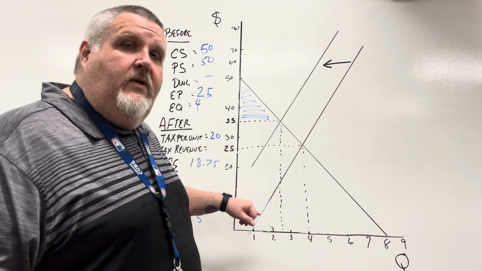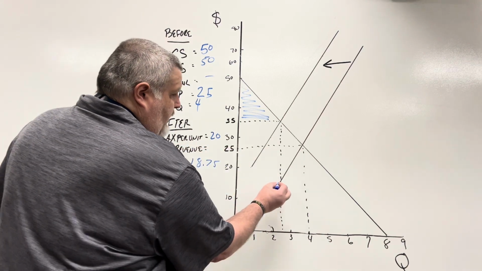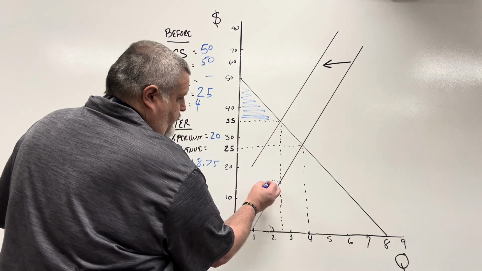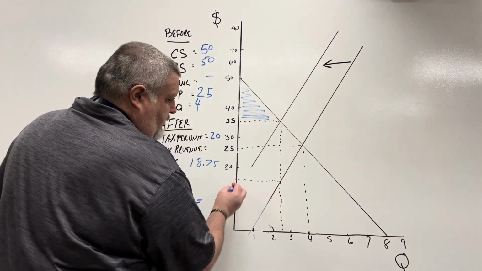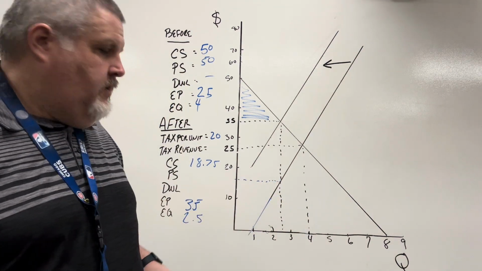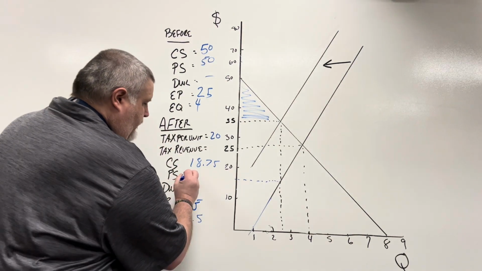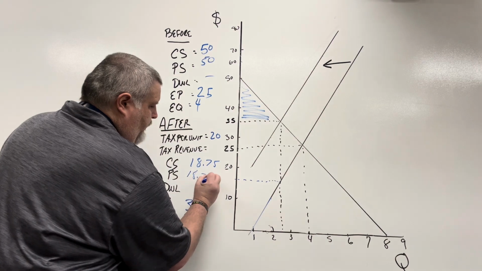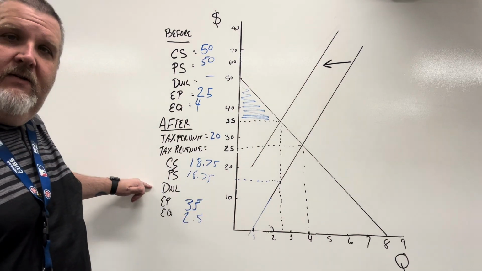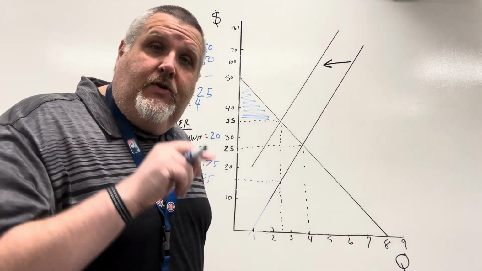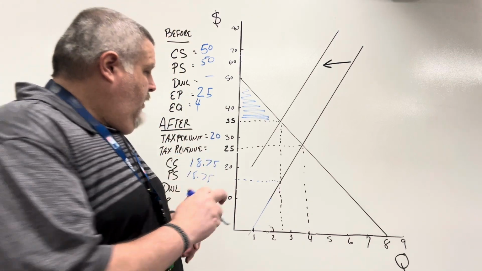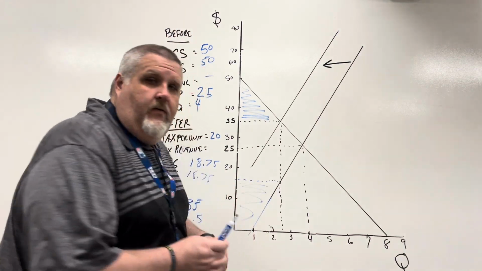Okay, let's take a look at what's going to happen down here. We're going to go from here now, right? So we're at 15 times 2.5. We're going to get that same 18.75, right? We were at 50, we're at 18.75. So with that tax, producers are also hurt, okay?